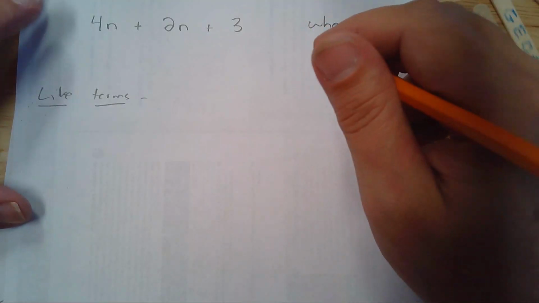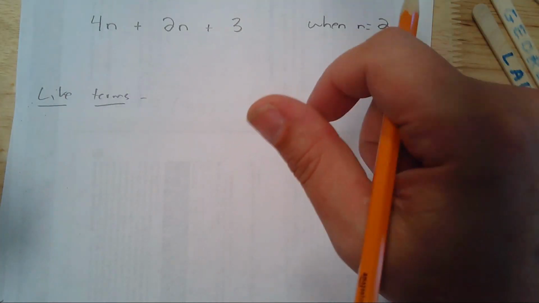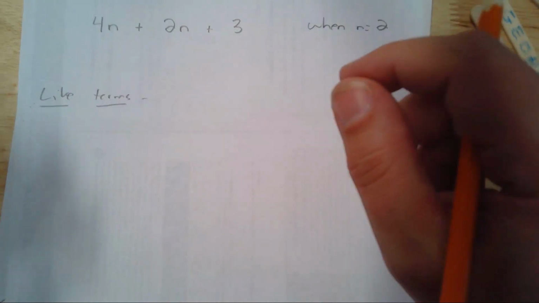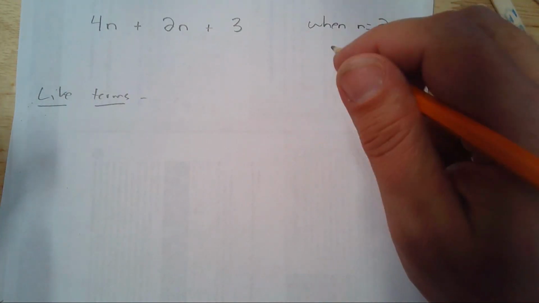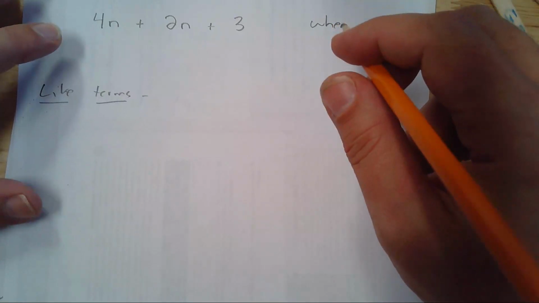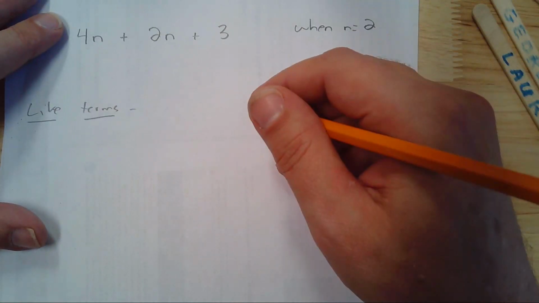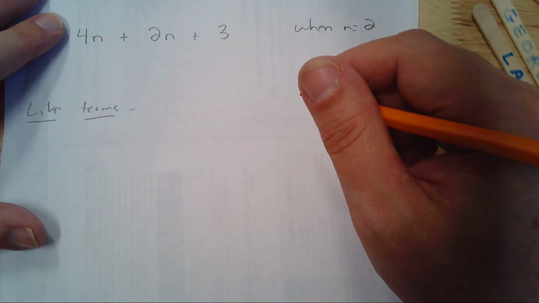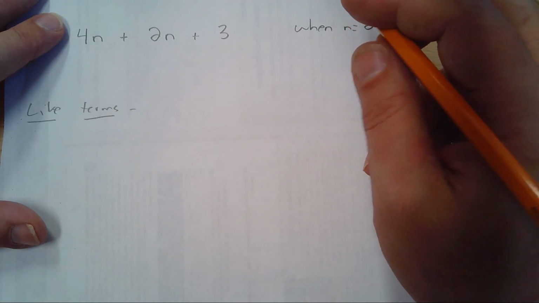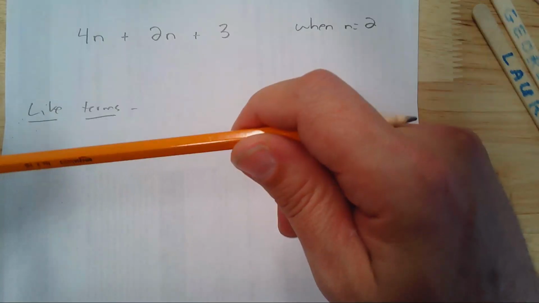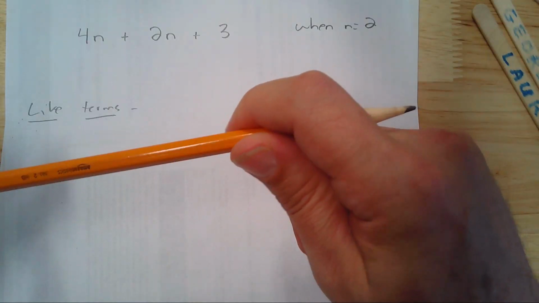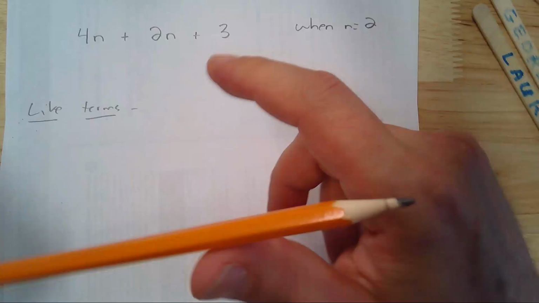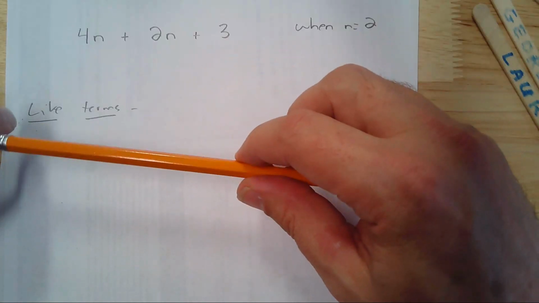We're not talking numbers, only letters here. Numbers we always combine when we can. It's not a like term if it's a fraction. That's a number. They're worth the same amount.